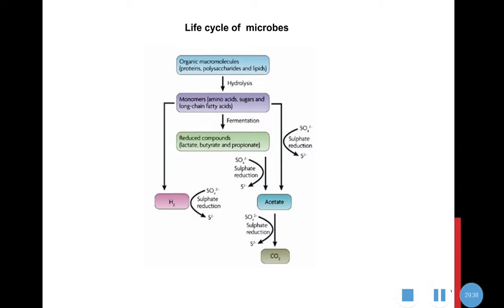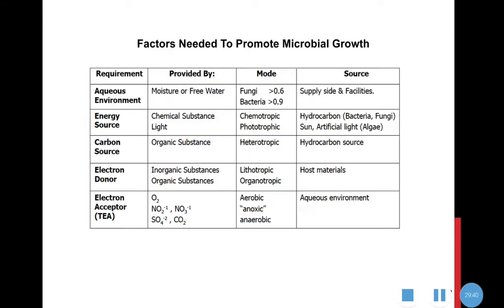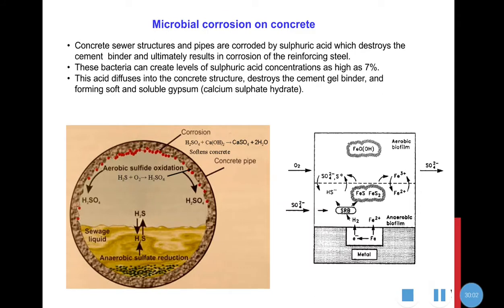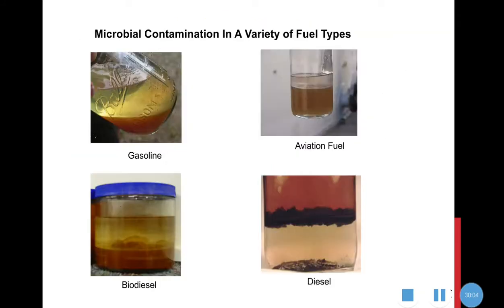So this is dia cerita pasal life cycle. So saya tak akan pergi detail on this part. So you boleh tengok. Okay, ni dia berbalik kepada yang tadi juga, dia macam elaborate more on actually what happened on the steel pipeline because of the activity of microorganism. Okay, sama juga.